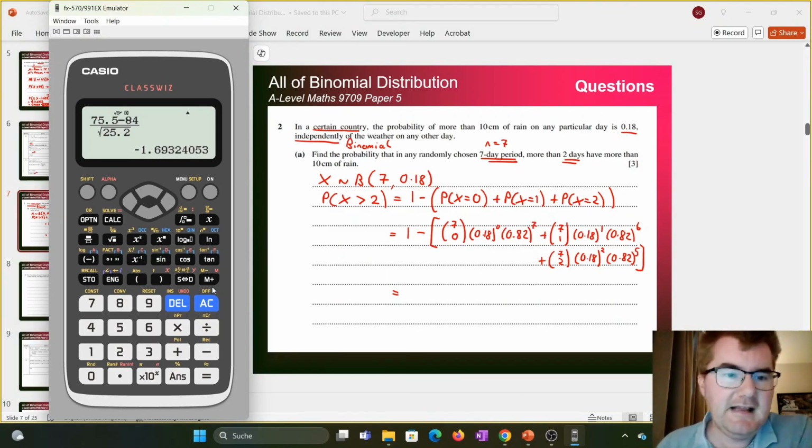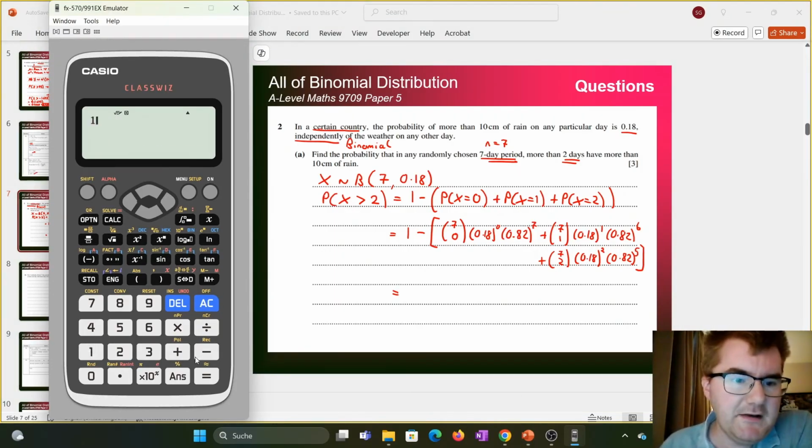So let's have another go at this. We've got 1 minus, and then let's go. 7 choose 0 is just 1 anyway, but let's just do this as I've written it out. 7 choose 0, 0.18 to the power of 0 is 1.